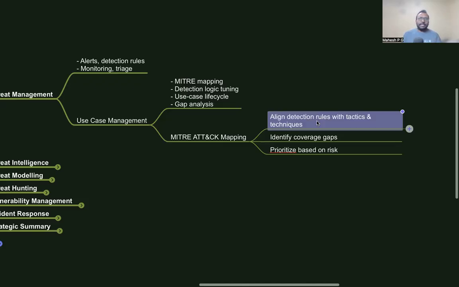Then the MITRE mapping is one of the major parts of threat management, aligning the detection rules with tactics and techniques. We will see MITRE mapping in a little more detail in the coming videos, and identify coverage gaps and prioritize based on the risk. Risk can be either qualitative or quantitative. Quantitative will be in the asset value, in dollar value.